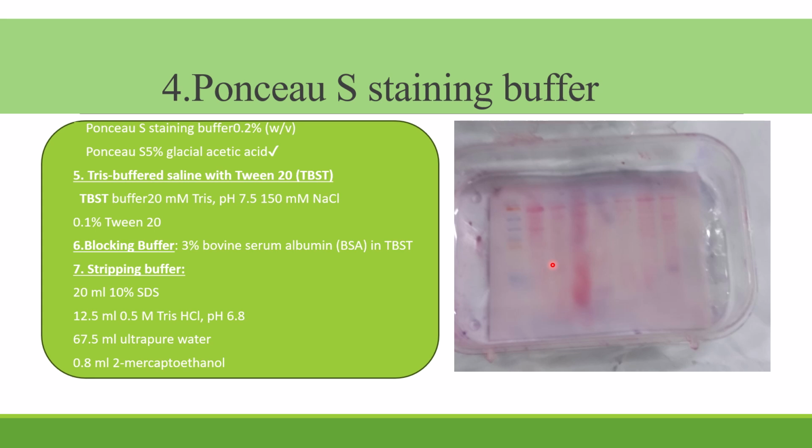And you don't know if the transfer was done properly or not. To validate it, we can go for Ponceau stain. See here in Ponceau stain you can see that it is properly done. The lanes are visible properly, so I can go for further detection.